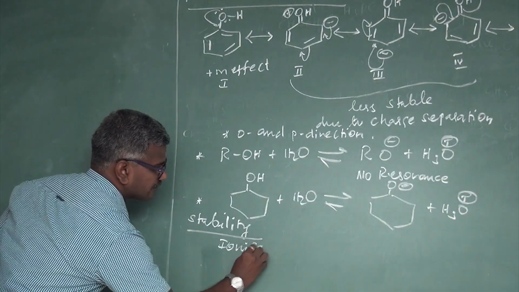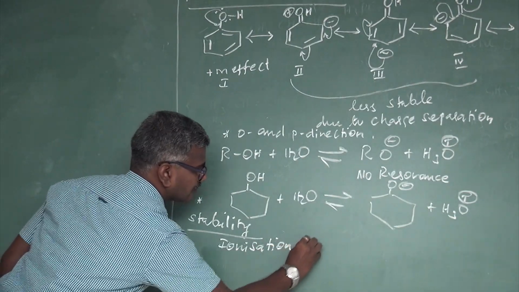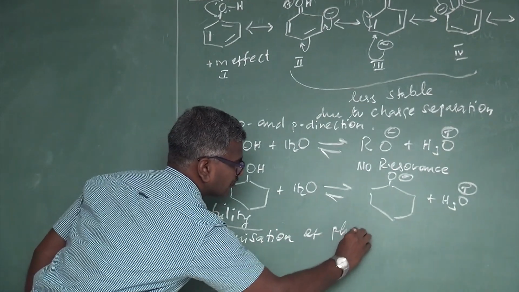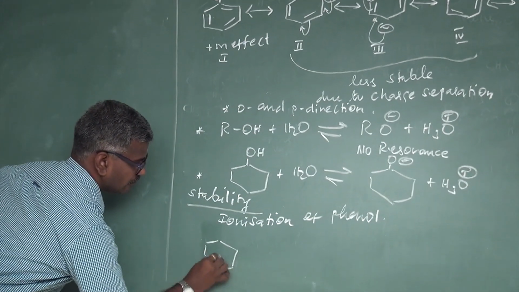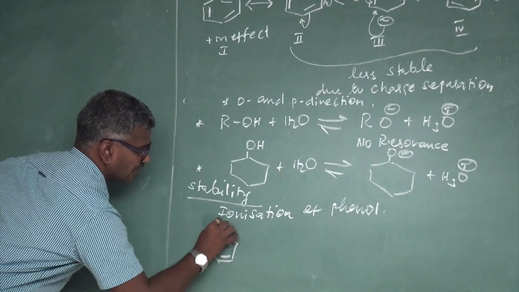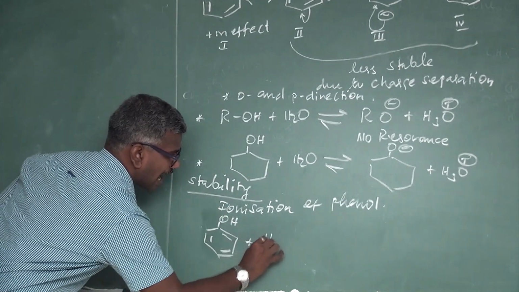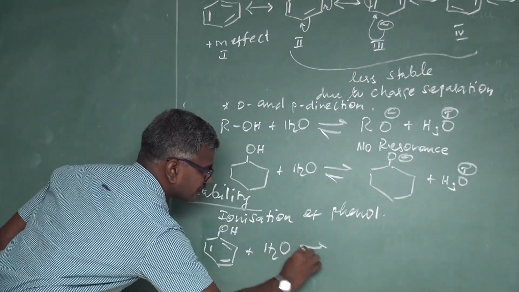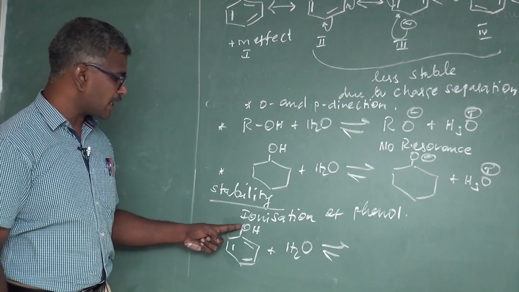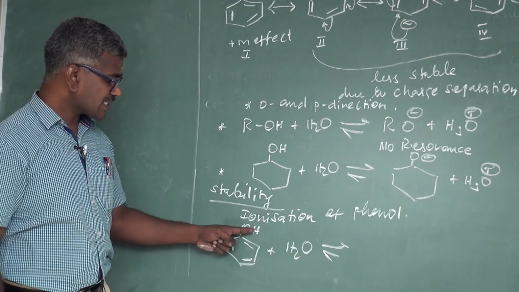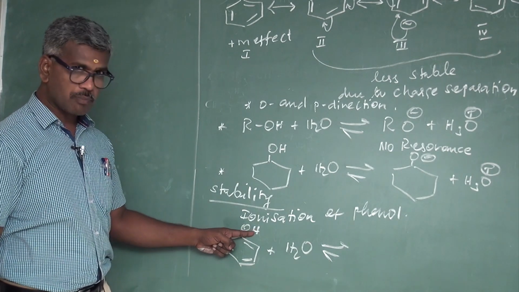Ionization of phenol. Phenol ionizes in water. The acidic nature of phenol can be explained by using the OH group. This hydrogen bond is a strong bond.